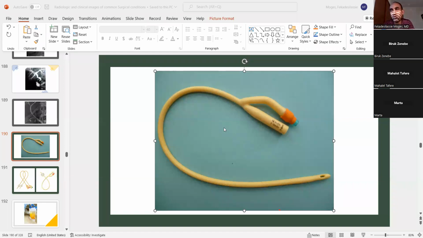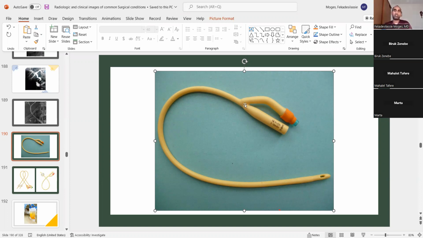What holds a Foley catheter in place after a patient is catheterized? What keeps it in place, by the way? How does it stay within the bladder? These surgeons and other clinicians are magicians sometimes, right? So is it by magic or what?